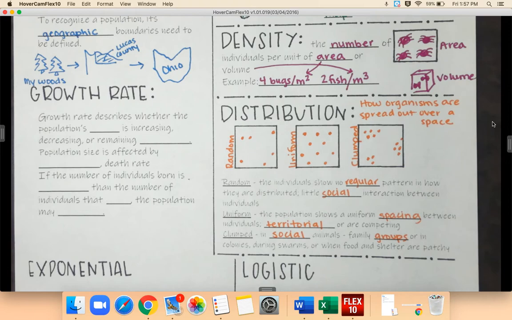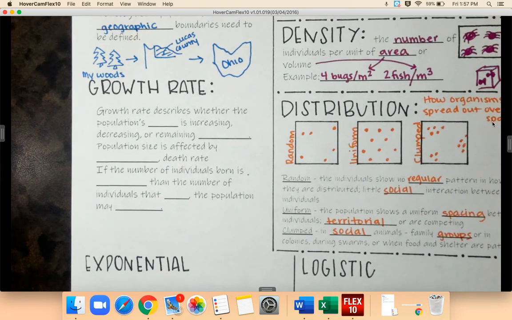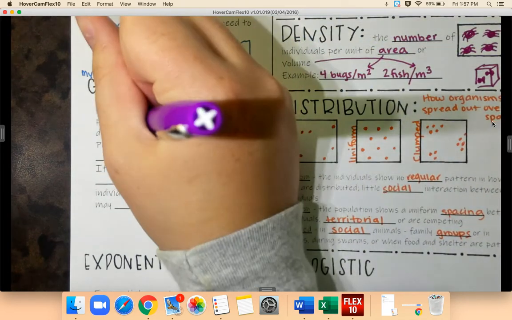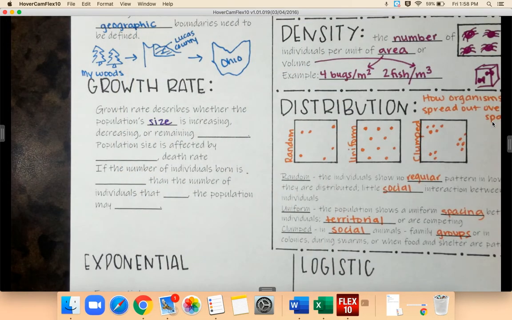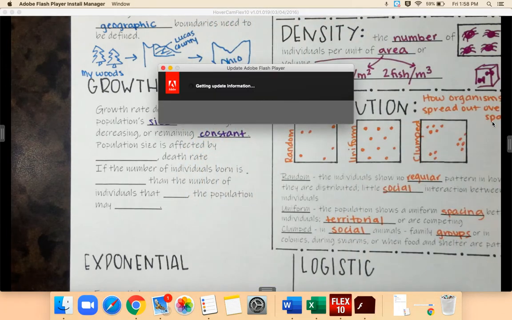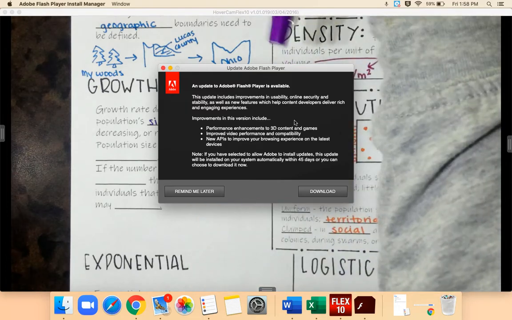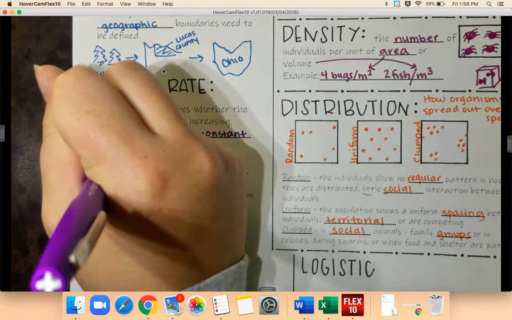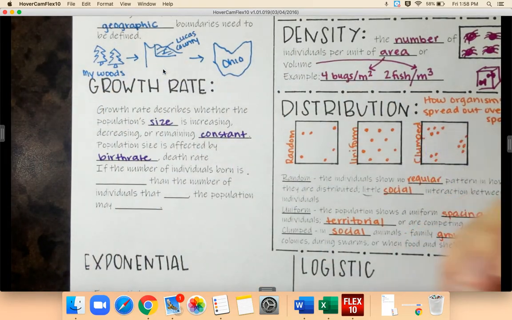So let's shift over now to growth rate. A growth rate describes whether the population size is increasing, decreasing, or remaining constant. Population size is affected by birth rate and also death rate.